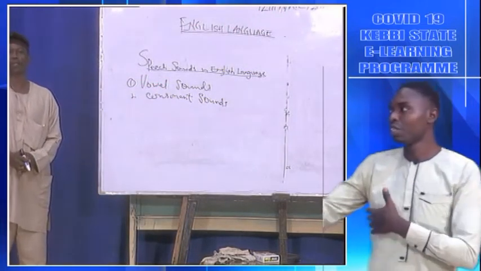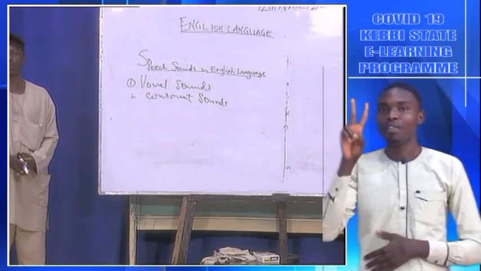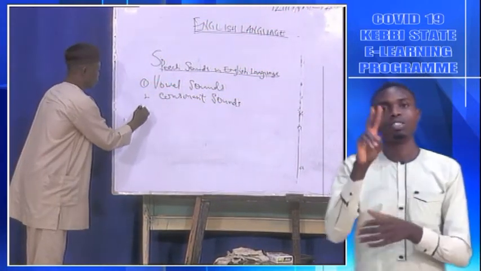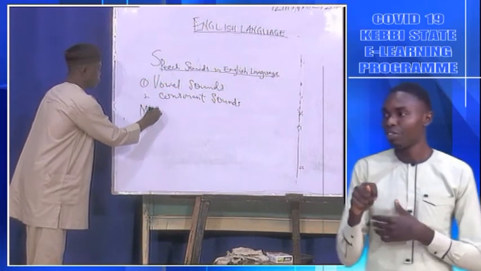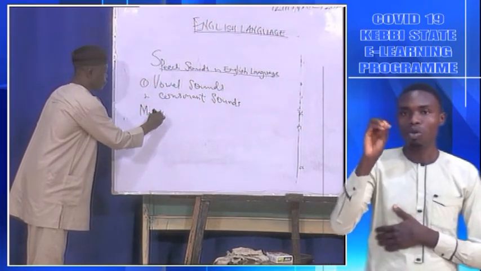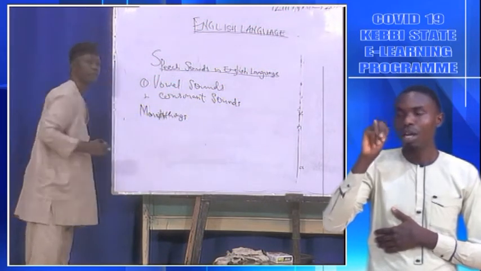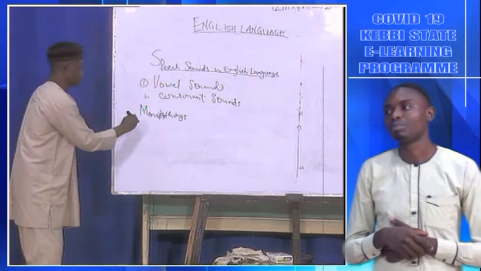As indicated up there, vowel sounds are subdivided into two. We have the monotones and we have the diphthongs.